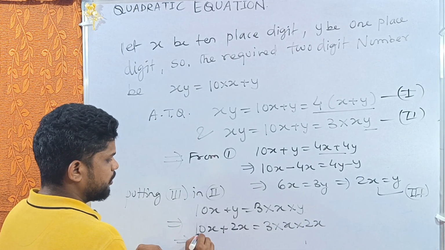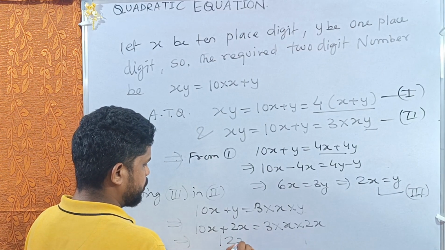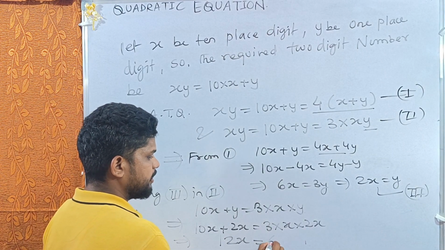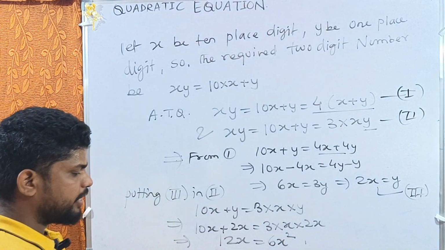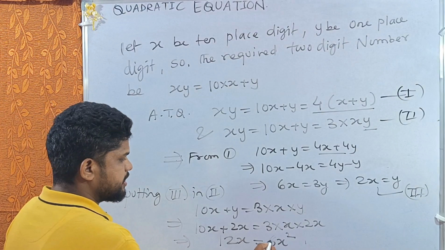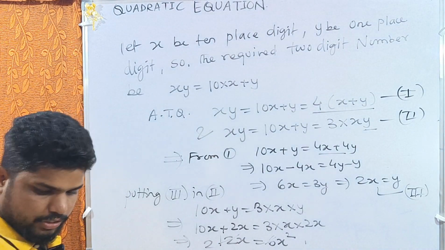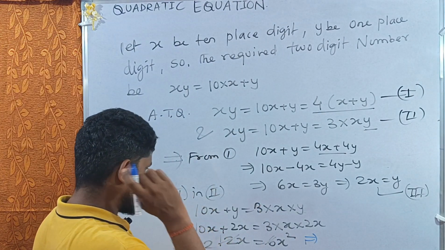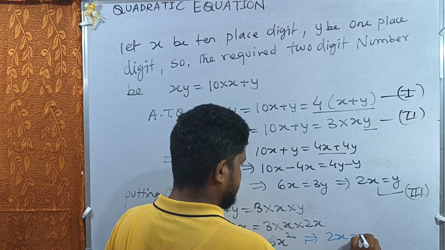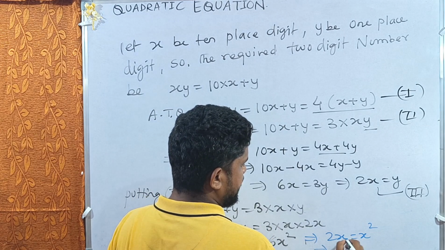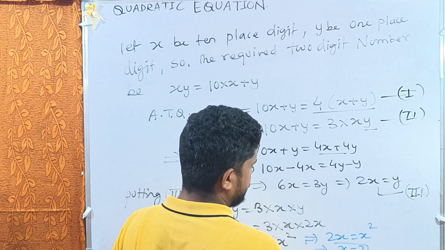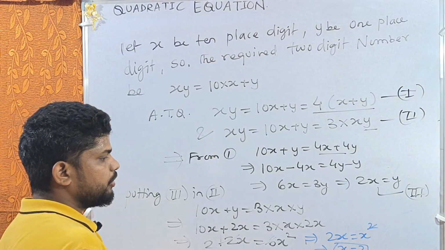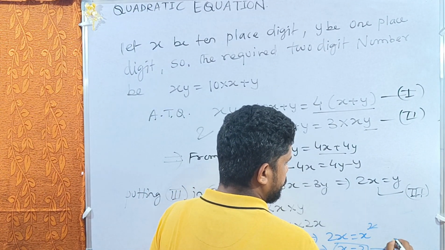This will give 12x is equal to 6 x square. The 6 will cancel 2 times, and this will remain as 2x equals x square. Here the value of x will be 2 because one power will get cancelled, so the value of x is 2. Now this is equation number 4.